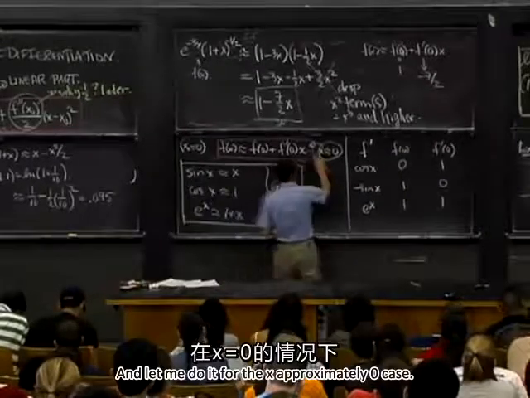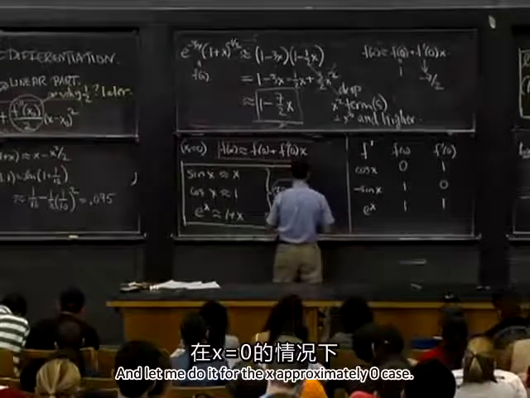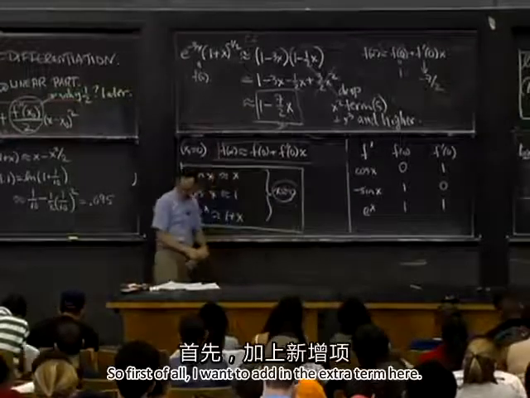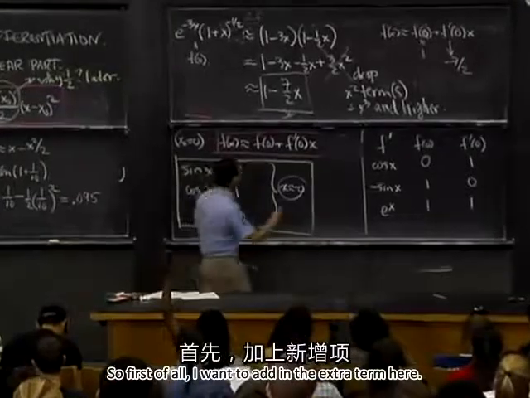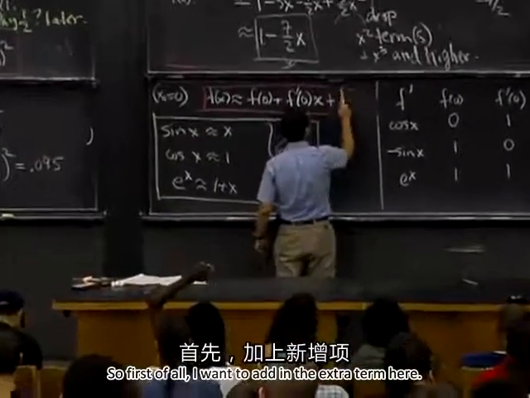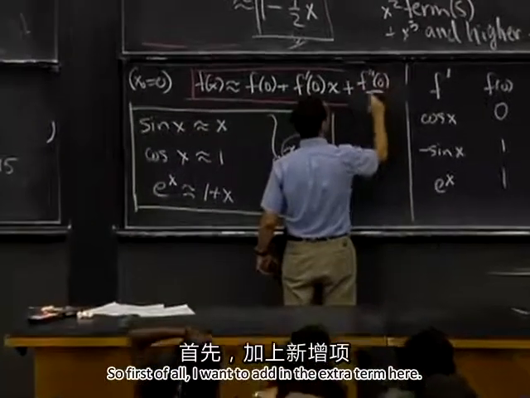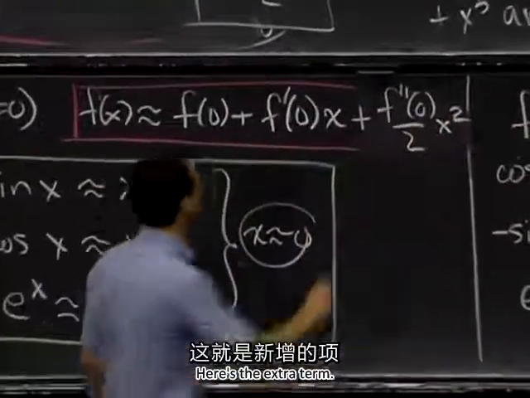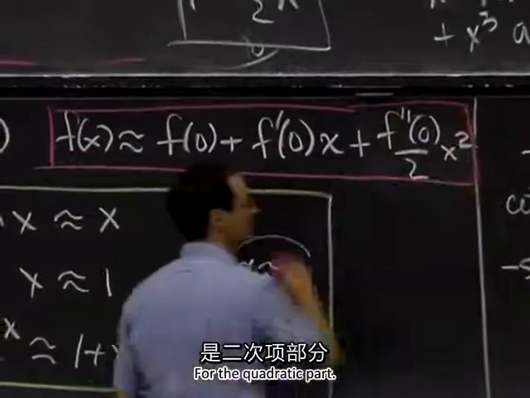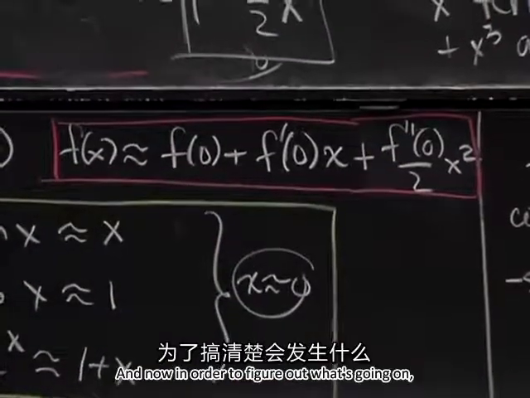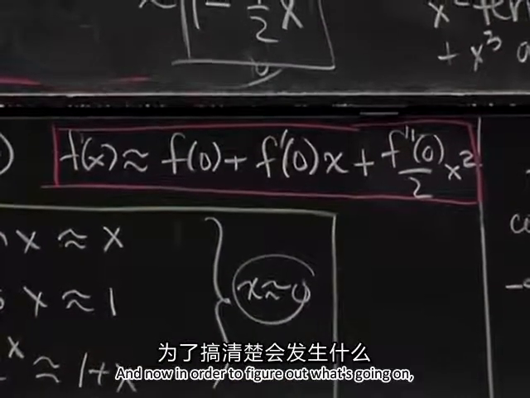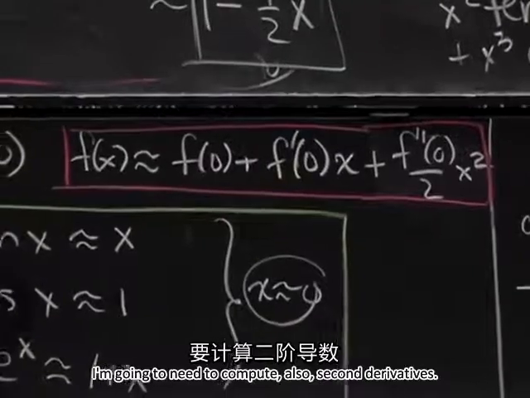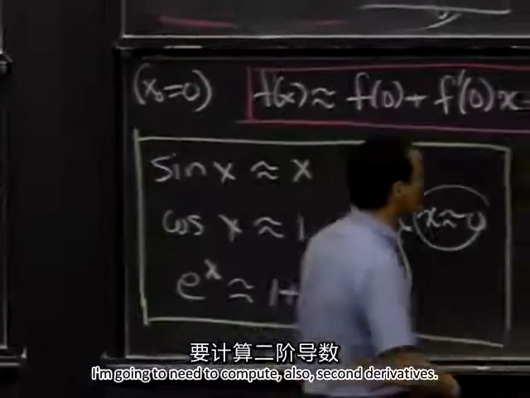And let me do it for the x approximately 0 case. So first of all, I want to add in the extra term here. All right, here's the extra term for the quadratic part. And now, in order to figure out what's going on, I'm going to need to compute also second derivatives.